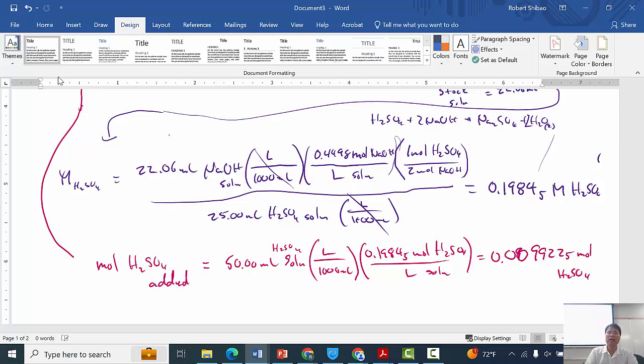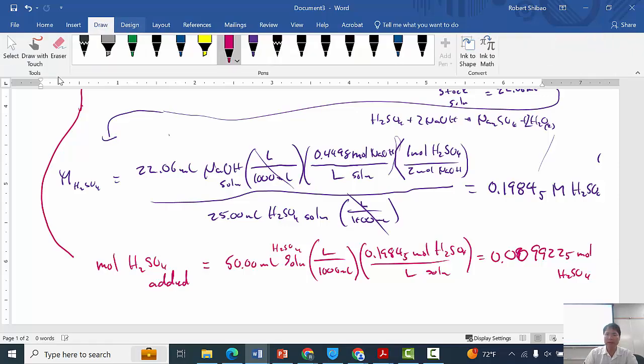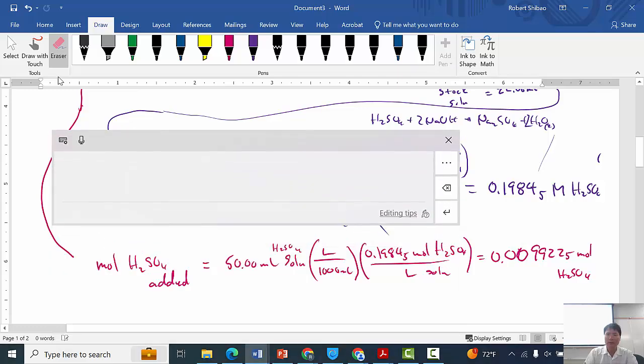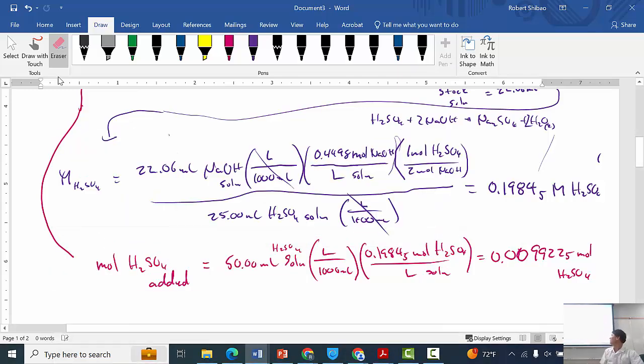This is 9.9 millimoles. People who do a lot of titrations like to use millimoles sometimes. So if we move the decimal 3 over, that gives us 9.9225 millimoles worth of H2SO4.